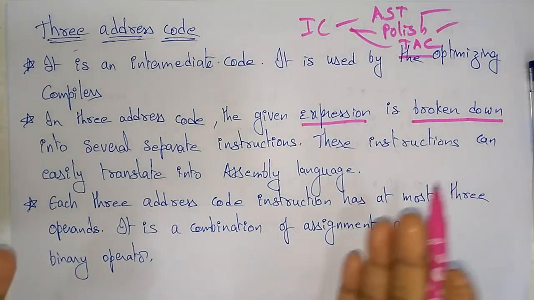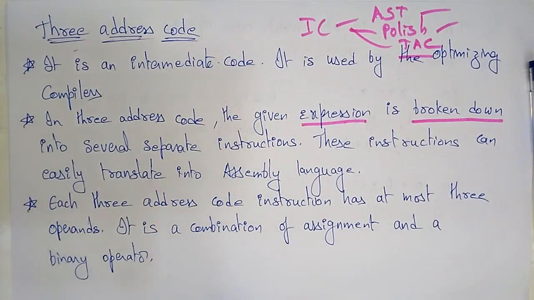Suppose you didn't understand a topic, you will divide the topic into several subtopics. If you read point by point, then you can easily understand. In the same way, if the compiler wants to convert the high level source code into assembly level language, the 3-address code breaks the expression into several separate instructions so that it can easily translate into assembly language.